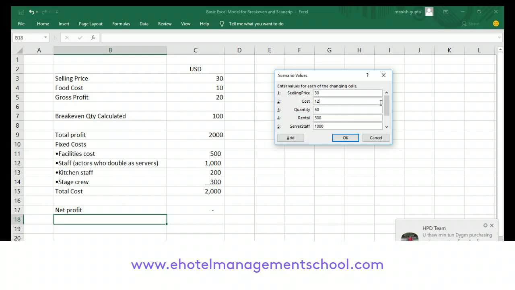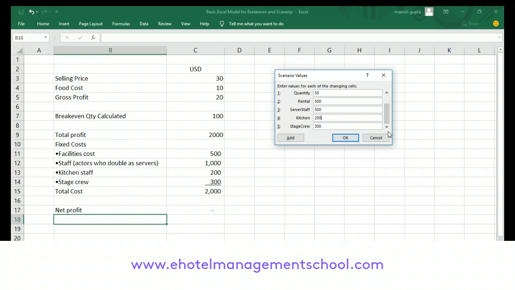Now the rental: do you still need to pay the same rental, or can you negotiate? Can you reduce the number of staff? Maybe if we are able to sell only half the tickets, let's reduce the staff by half, 50%. And can we reduce the kitchen staff? Maybe not, because you still need to cook for the rest of the 50 people.